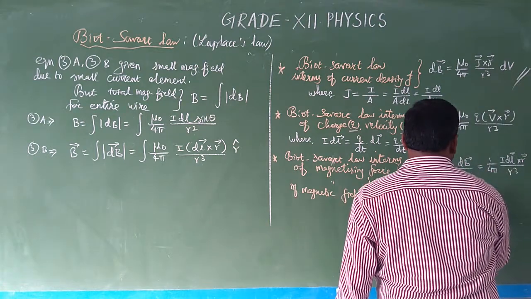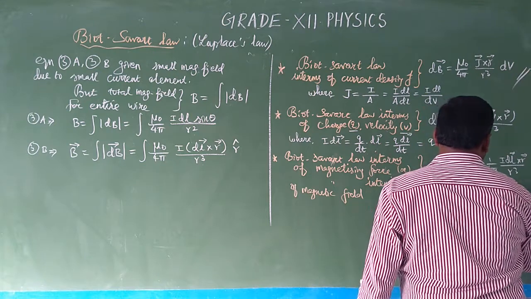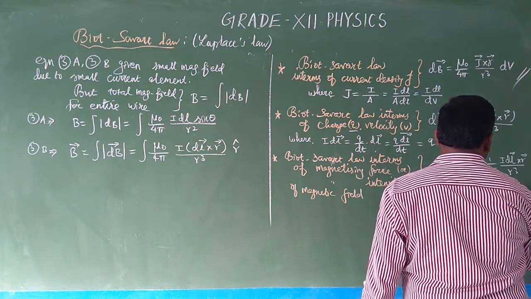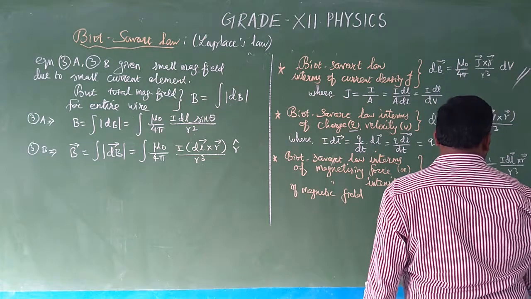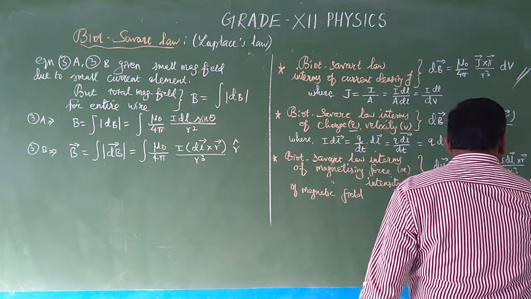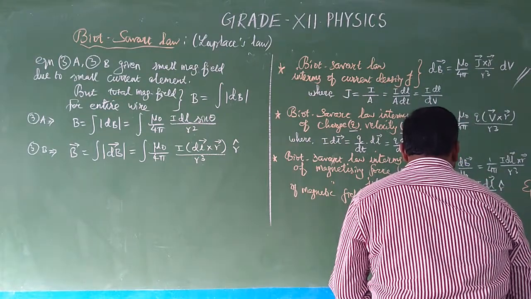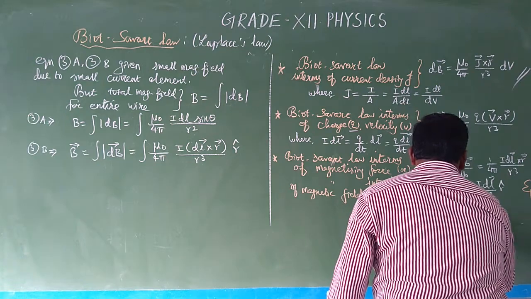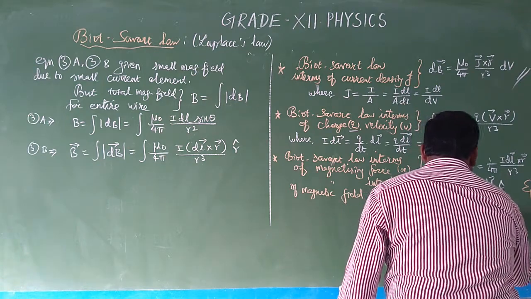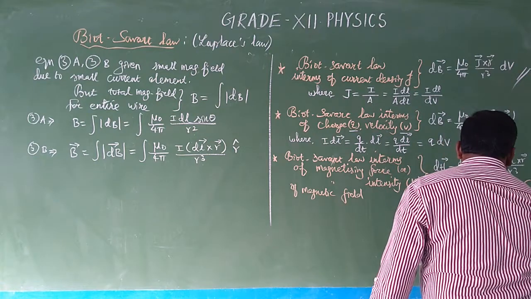So the dH vector is also equal to 1 by 4 pi into Idl by r square into r cap. And this is the vector form. Another form: dH is equal to 1 by 4 pi Idl sin theta by r square.